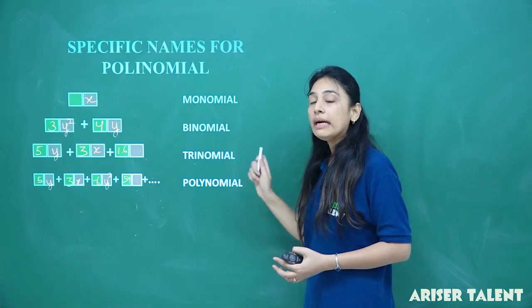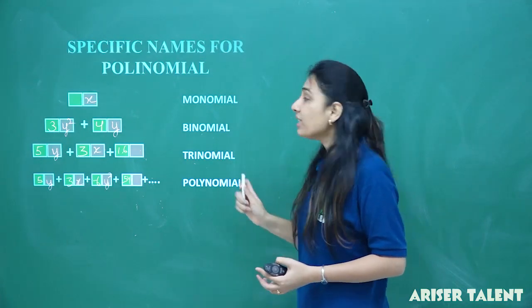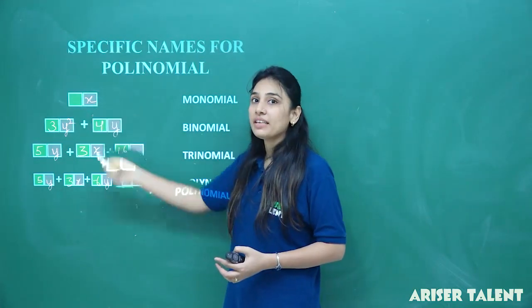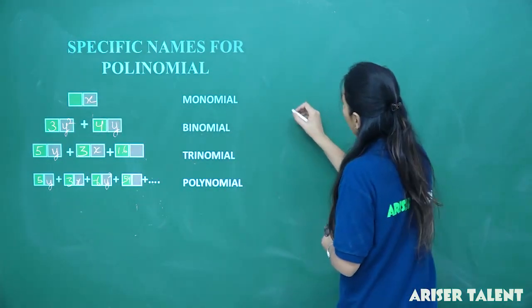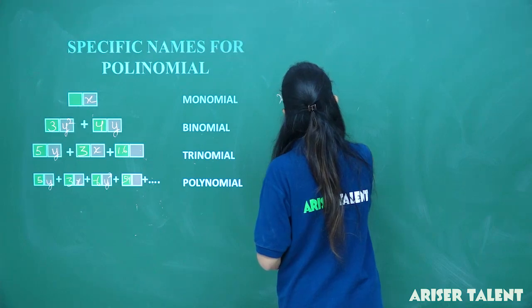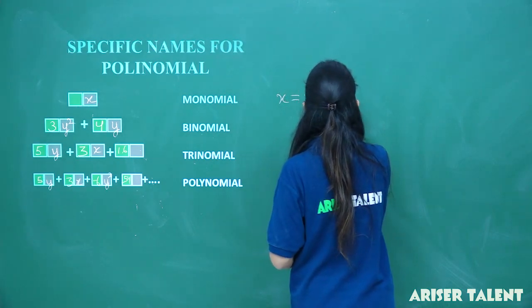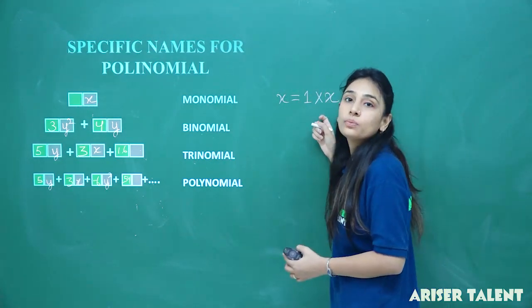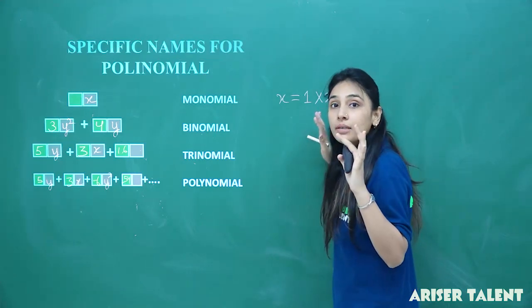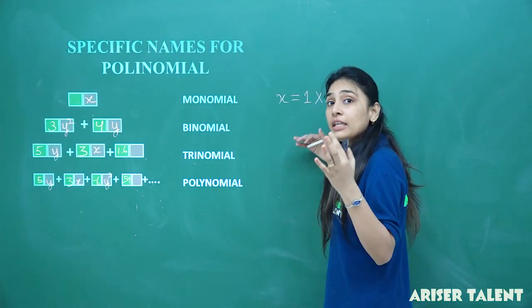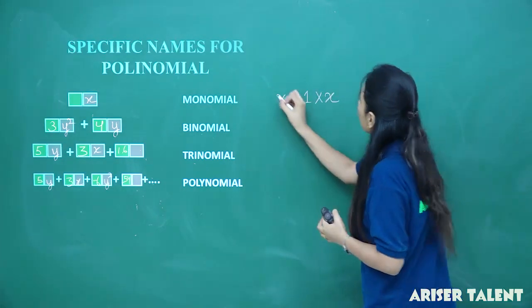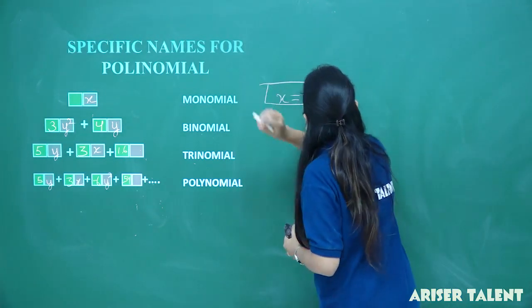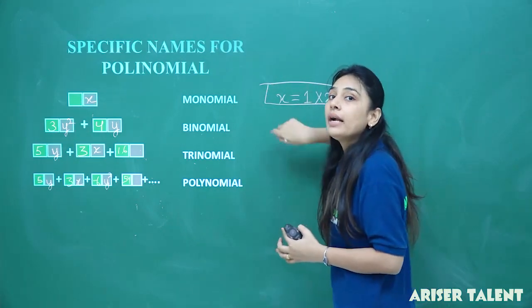Then why is it having only one part, that is variable part, not number part? So here's the answer. We can write x equals 1 multiplied by x. So it's like your best buddy. Whether he or she is with you or not, still there. So x for sure is a term.